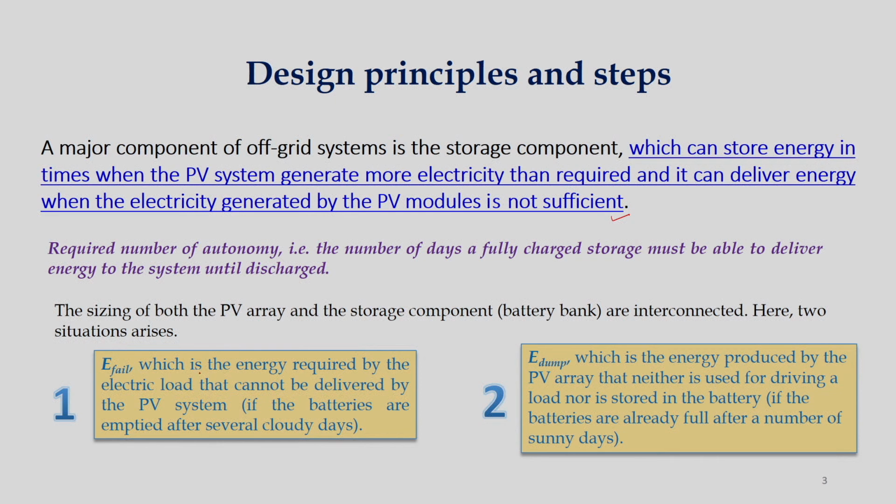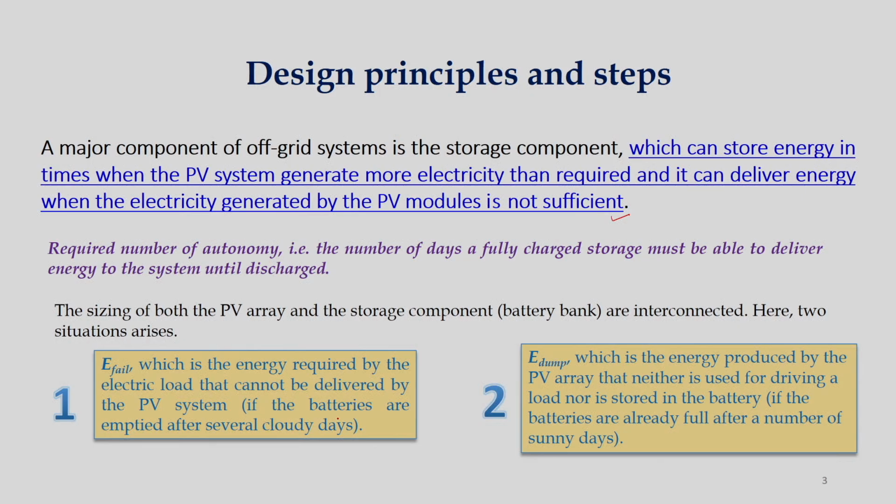So, we must know two important terminologies. One is called E fail, which is the energy required by the electric load that cannot be delivered by the PV system. This happens if the batteries are emptied after several cloudy days.